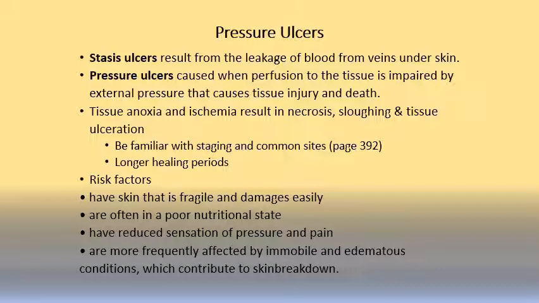Tissue anoxia, or what we otherwise call ischemia, results in necrosis of the cells, sloughing, and tissue ulceration. You should be familiar with the staging and common sites of pressure ulcers, which are presented on page 392 in chapter 28.